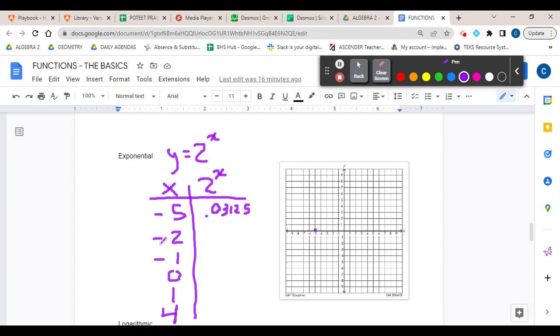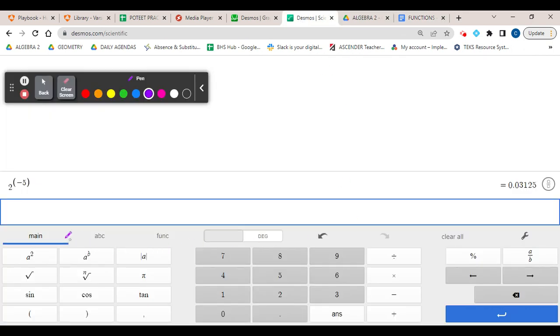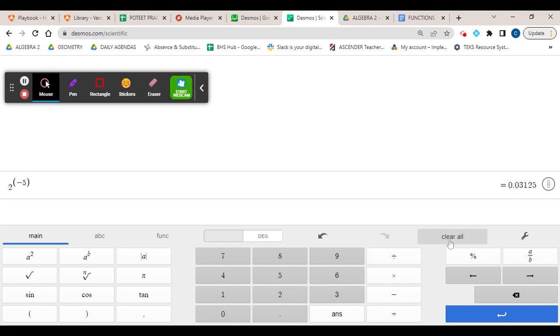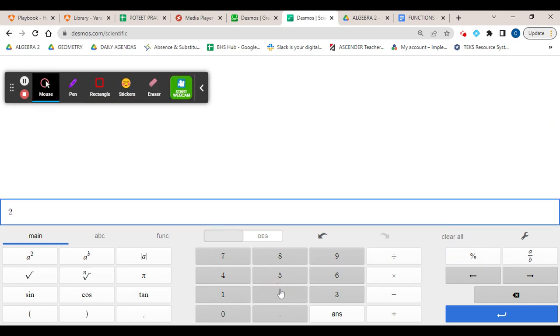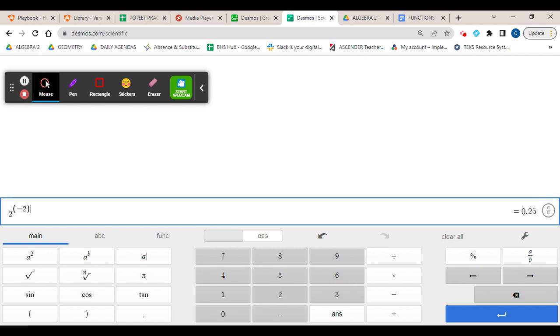Okay, -2. Well, if we go 2 to the -2nd power, we raise that to the -2nd power, we get 0.25 or 1/4.